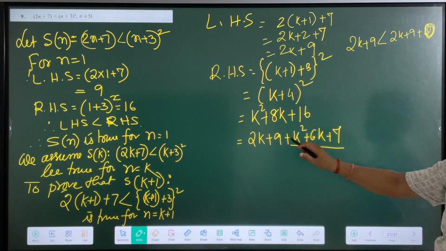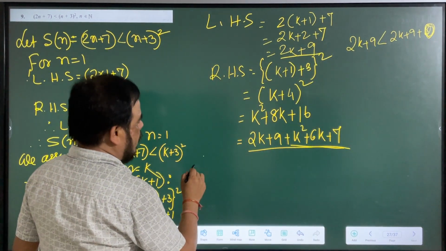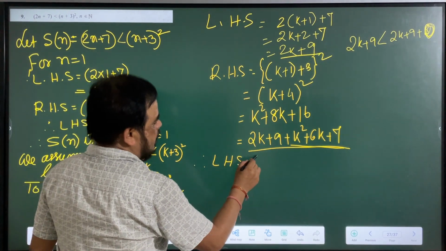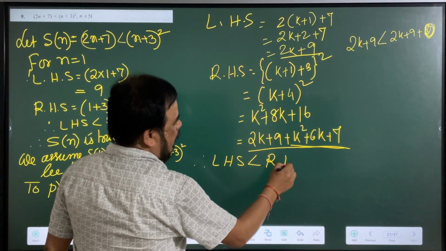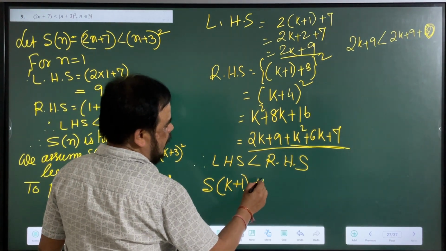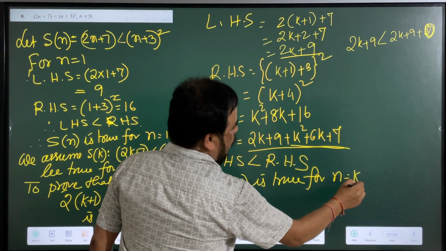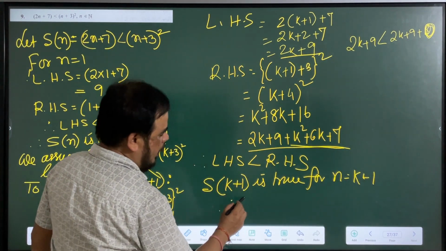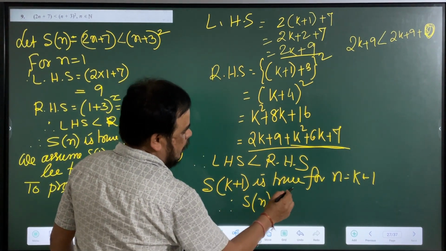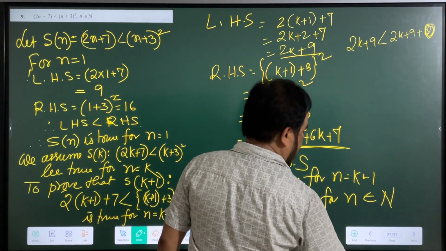So by looking at these two terms, we understand that LHS is smaller than RHS. Therefore S k plus 1 is true for n equals k plus 1. Therefore Sn is true for n belonging to natural numbers.